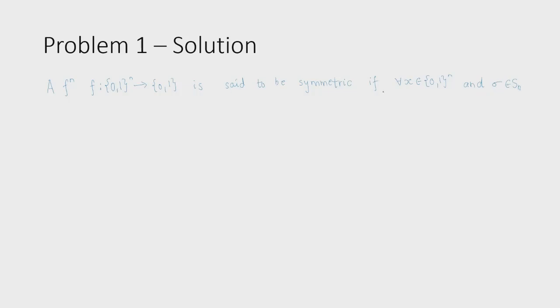So a function is said to be symmetric if for all x in {0,1}^n and sigma in S_n, f of x, so let's say the bits of x are x1 to xn, f of x1 to xn is equal to f of x_sigma(1), up to x_sigma(n). So what this says is that even if you take the input and permute the bits in it, the function should remain the same.